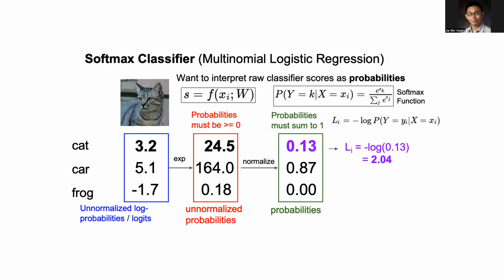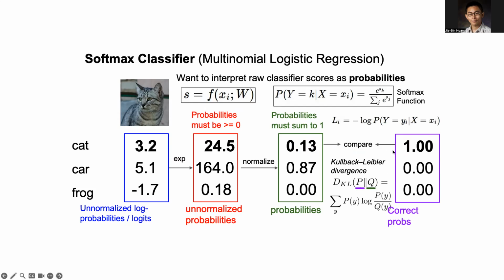In that case, the minus log of this probability will capture this effect. It will quantify how unhappy you are, and in this case it will say, oh, this is a 2.0.